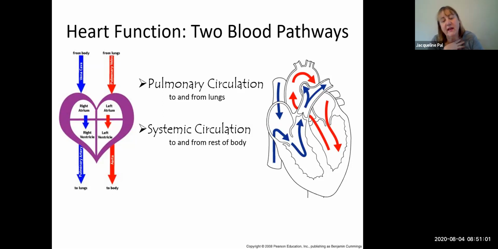And so here's a pencil drawing of the heart showing where the partially deoxygenated blood travels in blue and the oxygenated blood travels in red. So once you know your heart parts, come back and practice your blood flow through the heart with the picture and then without the picture.